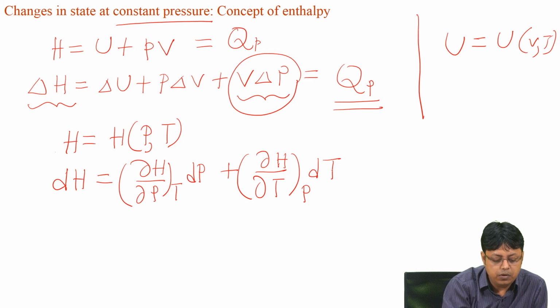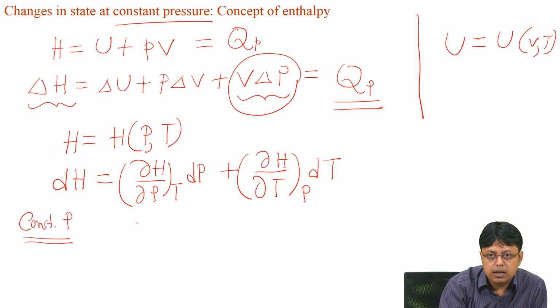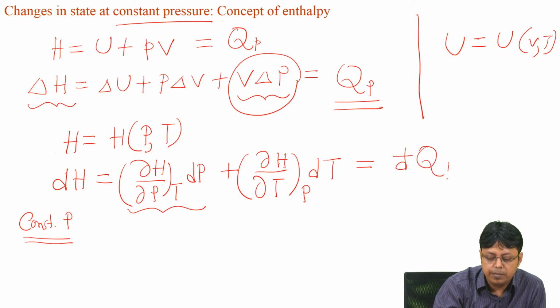Now, as before, we are considering a constant pressure process, and then you can easily figure out that at constant pressure the first term goes to 0, and we know that dH at constant pressure is nothing but d cross q p.